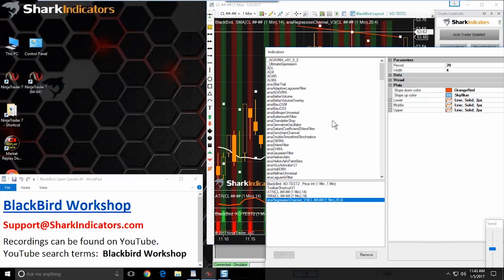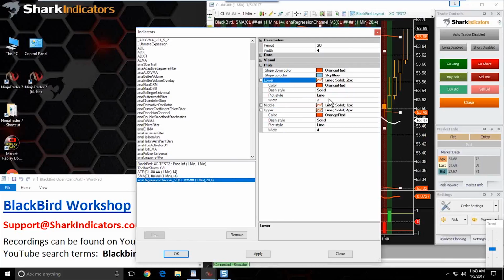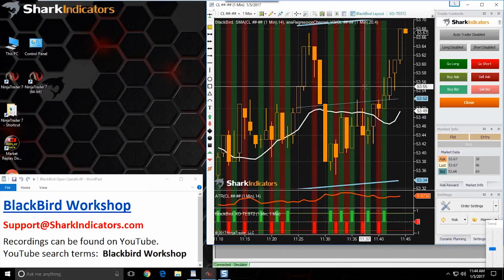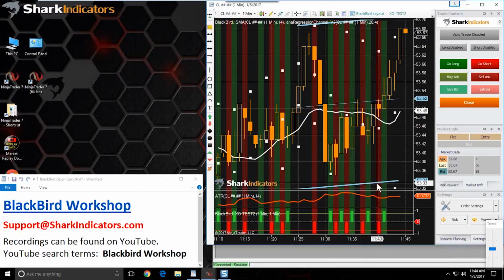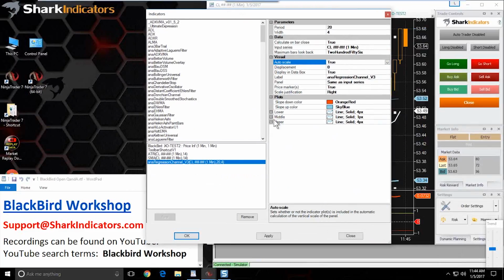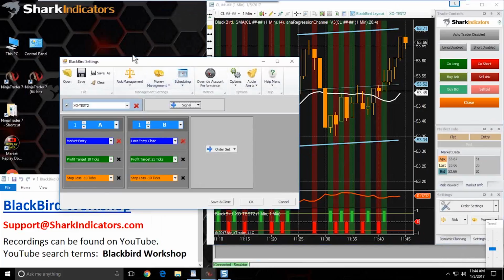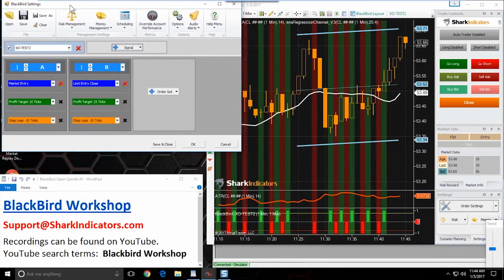Okay, there we go. Let me make those lines a little thicker. The settings for my regression channel are 20 period and a width of 4. So I'll just make sure that that matches up in BlackBird.